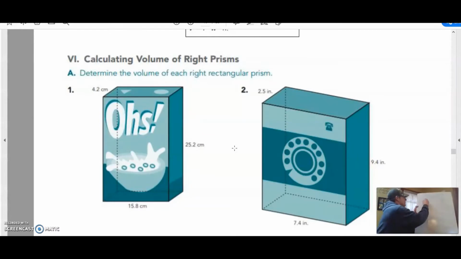So basically what we're going to do is write that up on the board. So to find the volume, we're multiplying those three numbers together. This is the basic idea here.